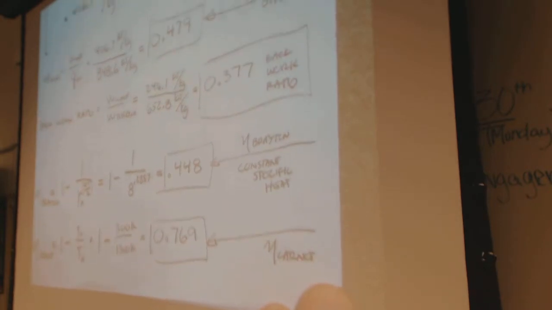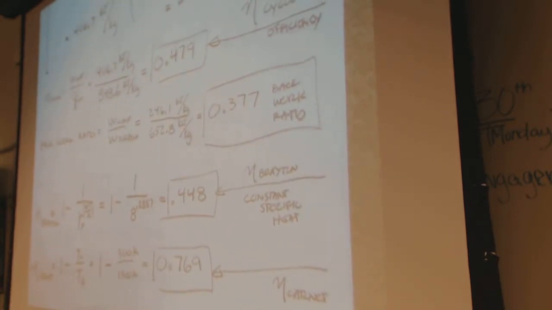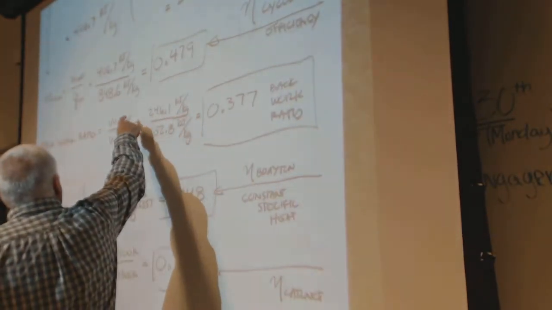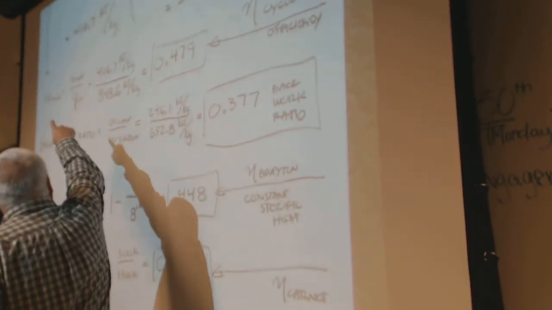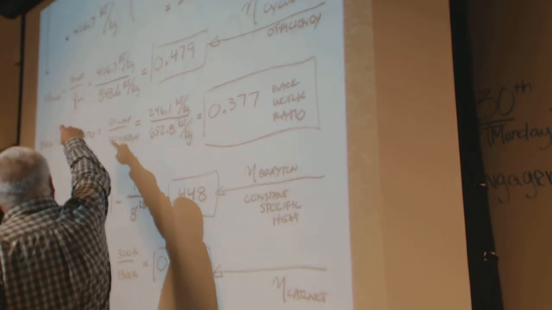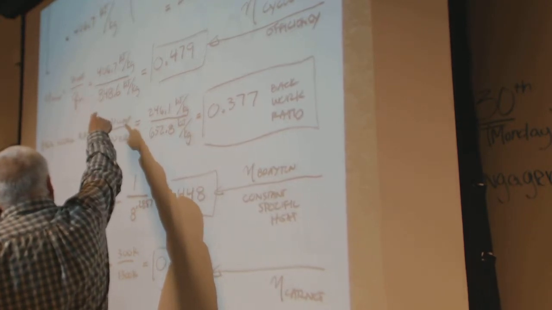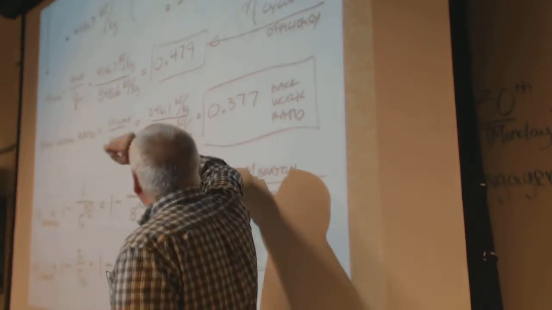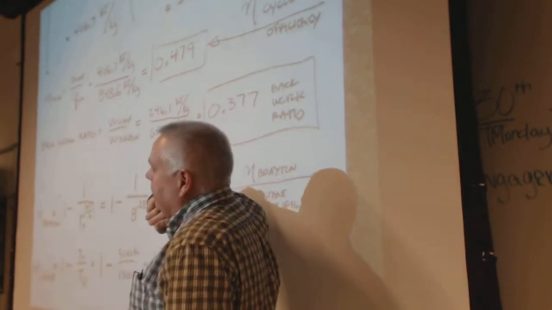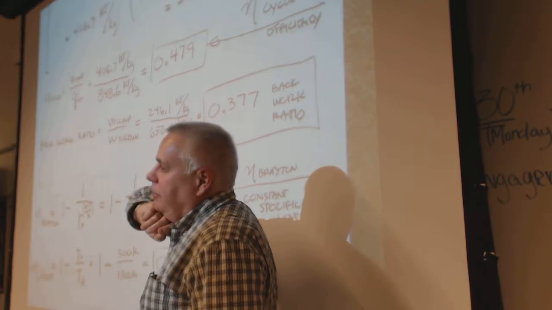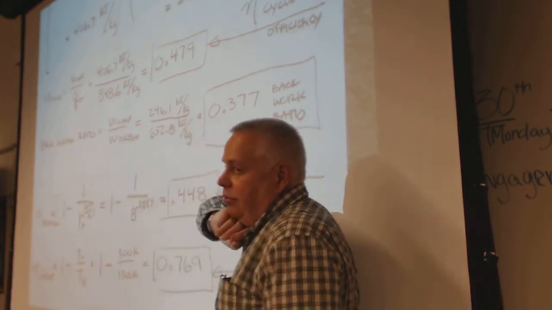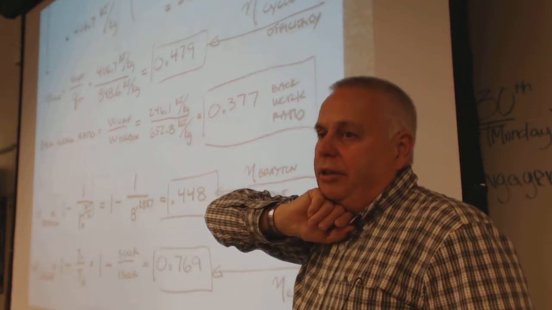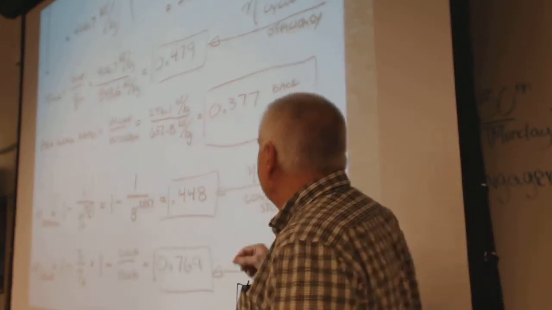And that being the case, the efficiency of the cycle is net work, 406, over the heat to make it happen, 849. We get about a 48% efficiency for that cycle. The actual machine would be less than that, but that would be sort of a limit based on these conditions.